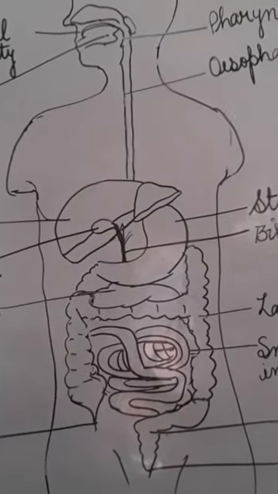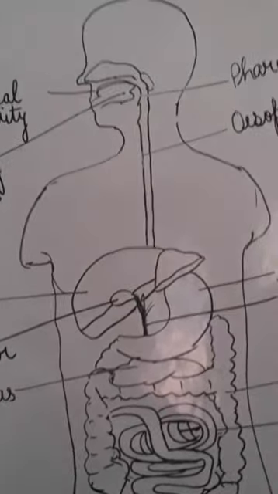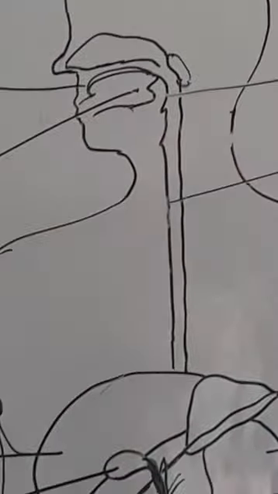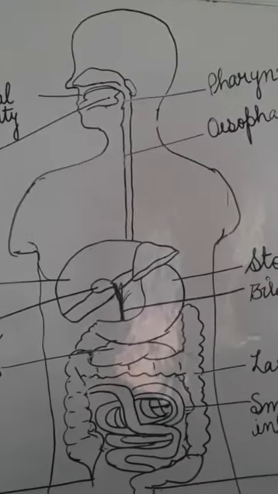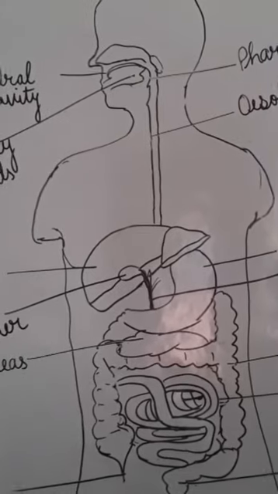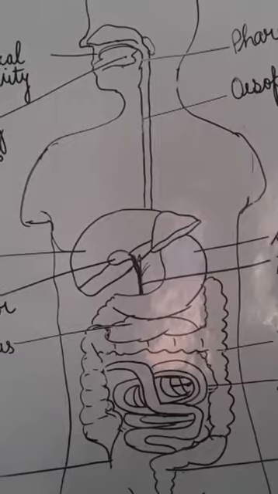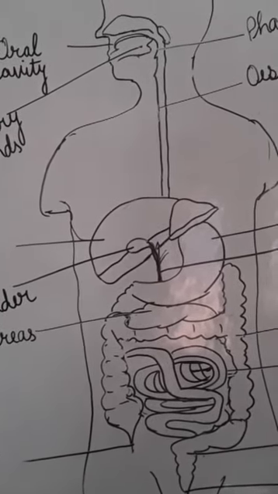The mouth has different parts like the tongue. The tongue is a muscular sensory organ present at the floor of the buccal cavity, and it has taste buds which detect different tastes like sweet, sour and bitter. It also helps in producing speech, because we speak with the help of the tongue.